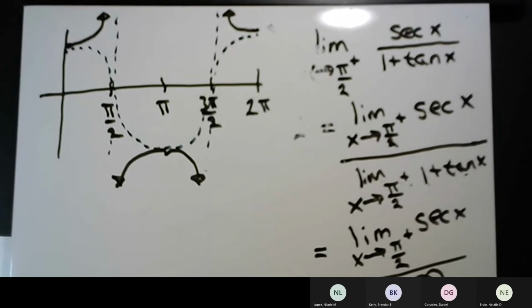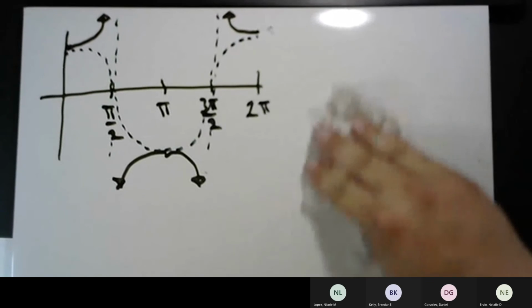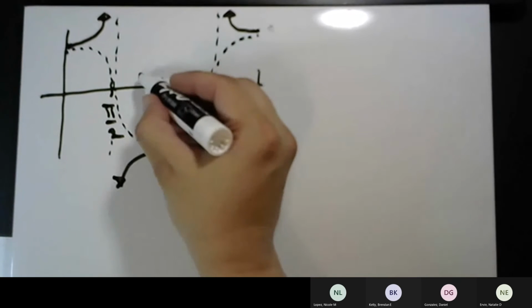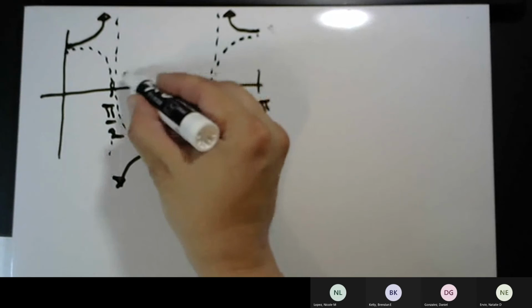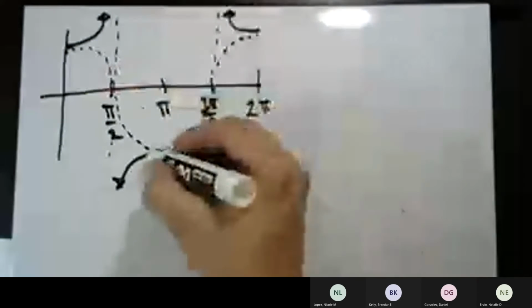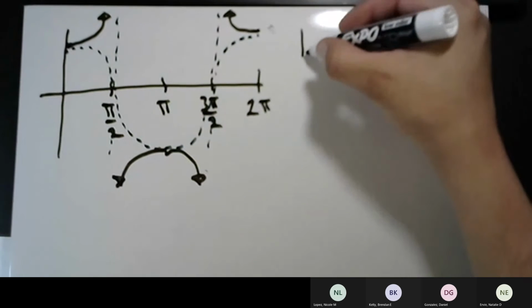So let's take a look at what's happening as we approach pi over 2 from the right. So the approach from the right, this plunges down to negative infinity.